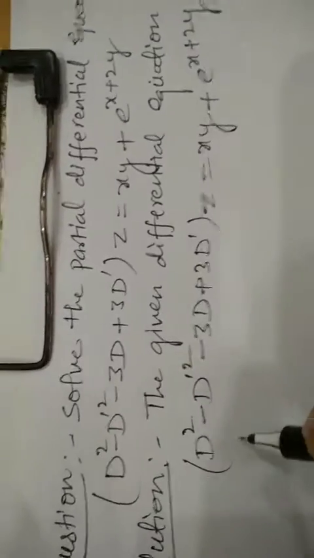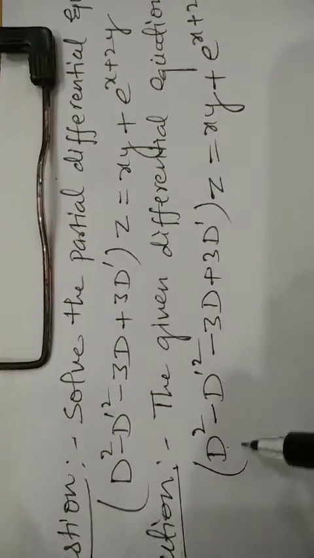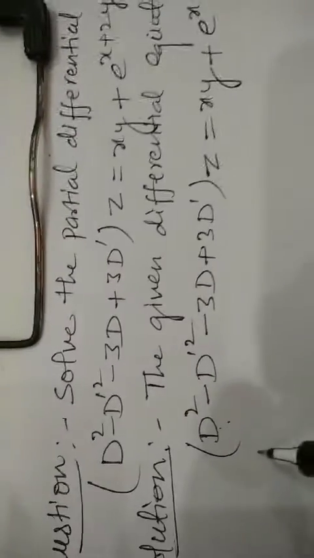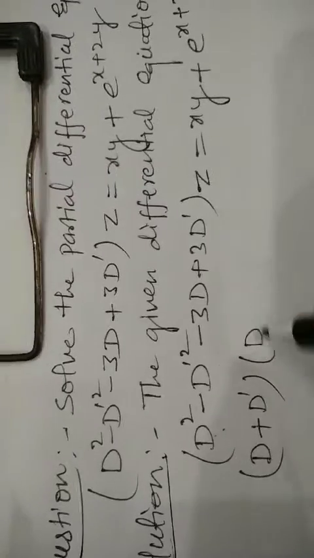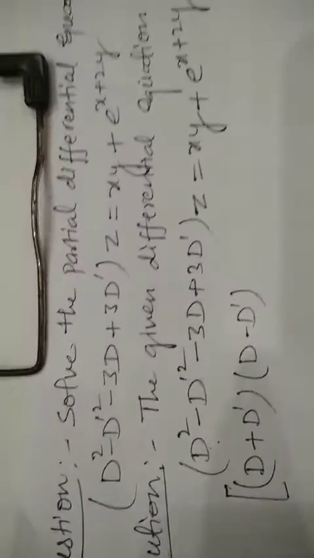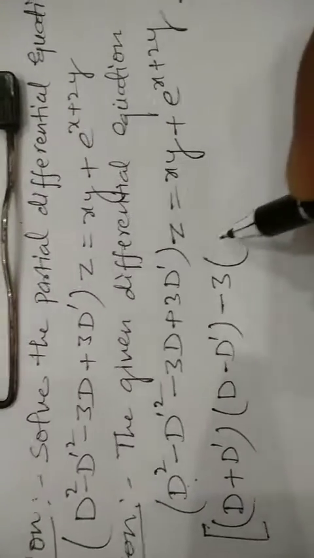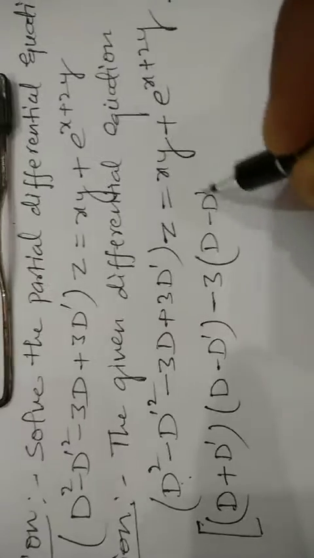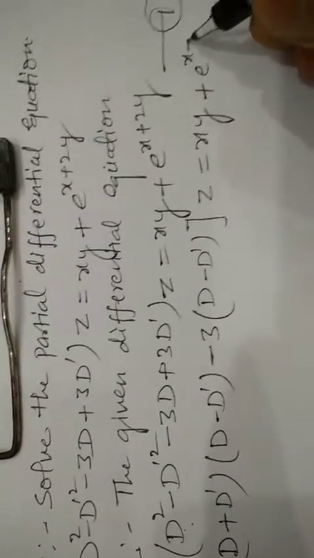After factorization, it is a square minus b square, so it can be (D plus D dash)(D minus D dash). Okay students, and here taking minus 3 common, so it becomes (D minus D dash) z equal to xy plus e to the power x plus 2y.